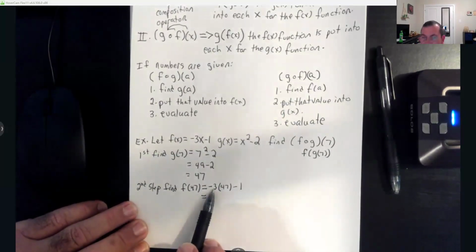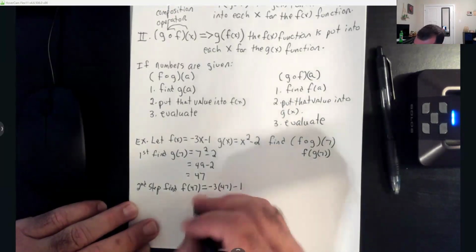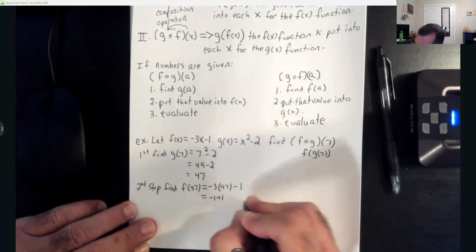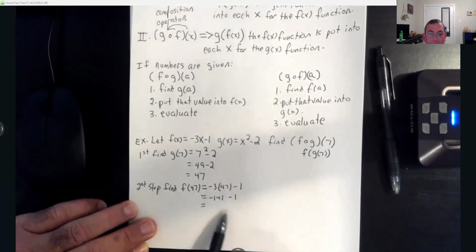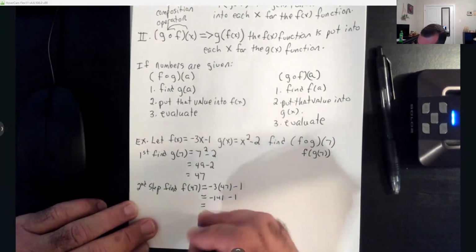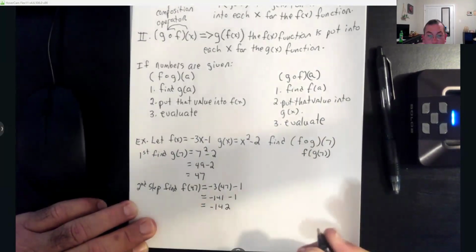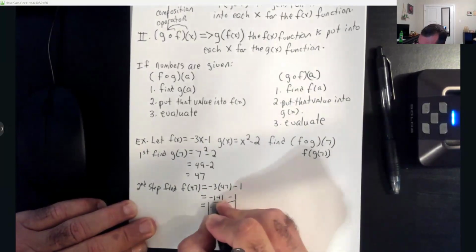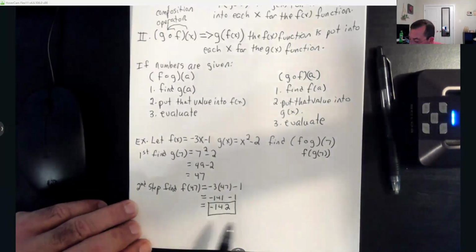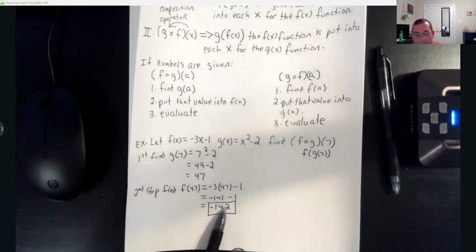Negative 3 times 47, I think we get a negative 141, minus 1. And then negative 141 minus 1 gives us a final answer of negative 142. So the answer we would put in MyLab is the negative 142, okay?